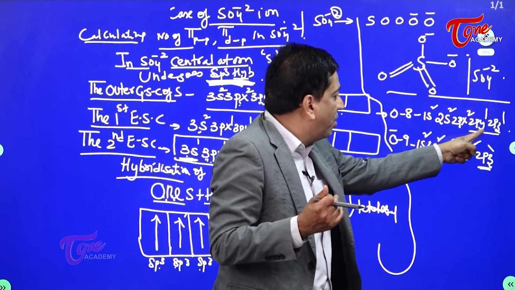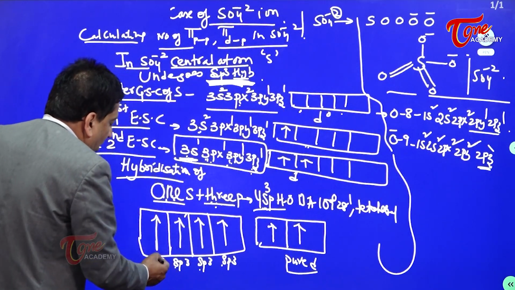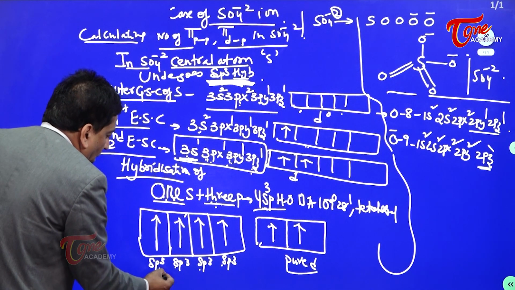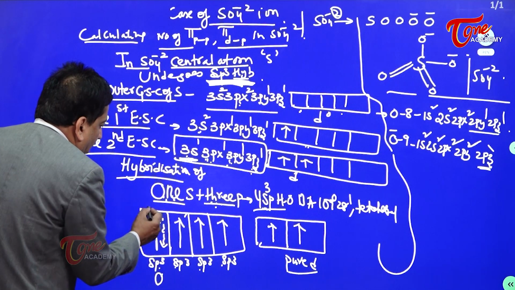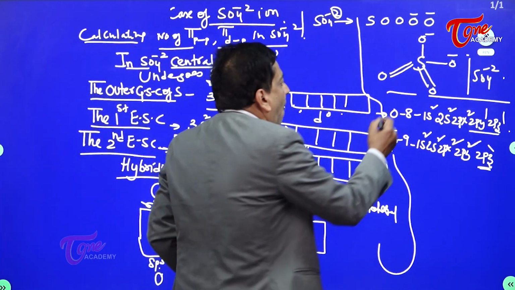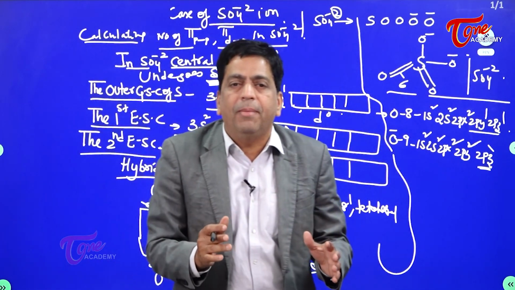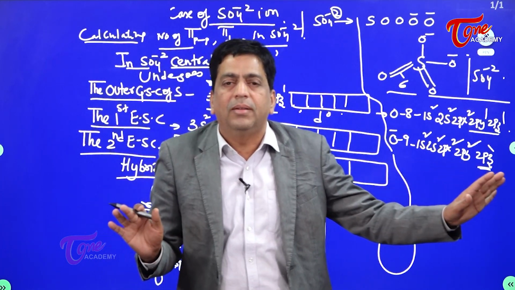And when it's coming, it is bringing 2 unpaired electrons. This is oxygen in full. One electron pairs here, which results in a sigma bond. This is the sigma bond I am speaking of. One oxygen in full came, had overlapping with the sp3 and formed a sigma bond.